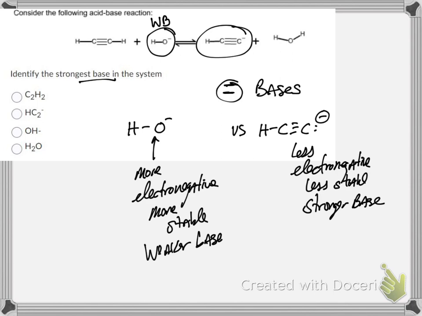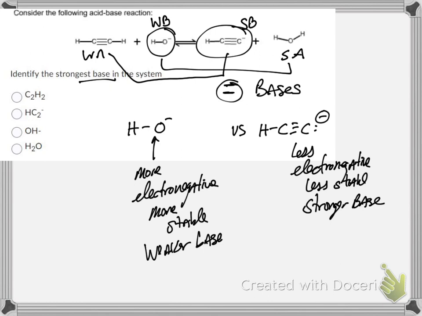Now we could also do another analysis: is this reactant favored or product favored? That's good to practice. If OH minus is the weakest base, then its conjugate acid must be the strongest acid. And if the strongest base is C minus, then its conjugate must be the weakest acid, right? That's the nature of conjugates.